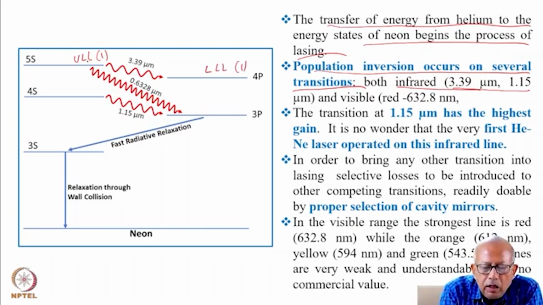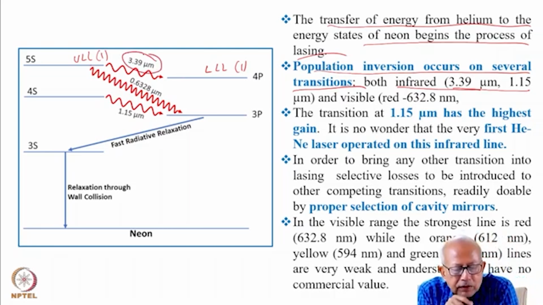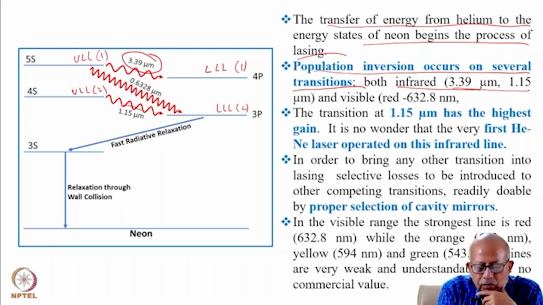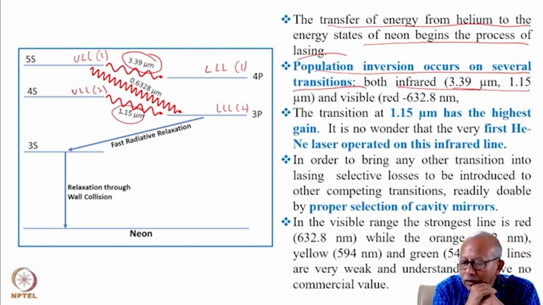So between this level and this level, there is an infrared transition which occurs at 3.39 micron wavelength. Then between upper level 2 and lower level 2, this transition gives a photon at wavelength 1.15 micron.